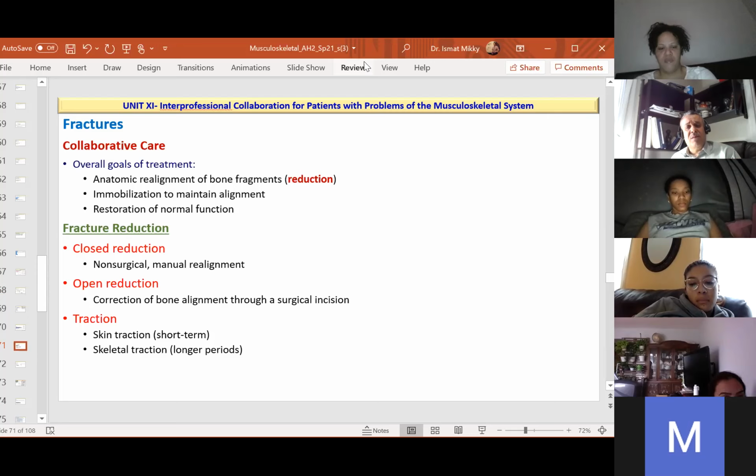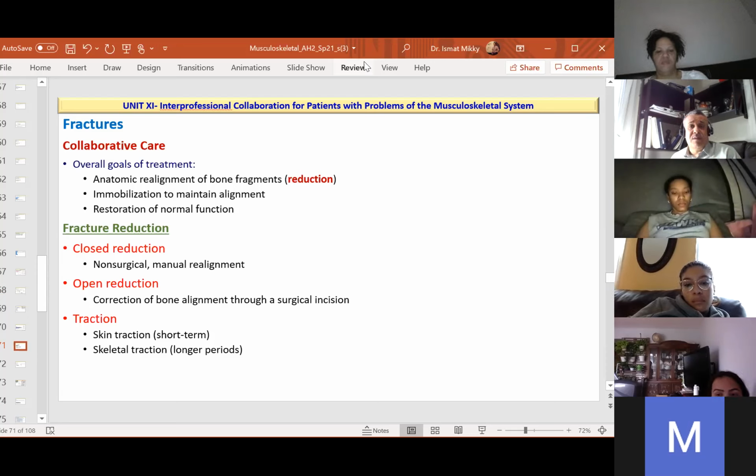The negative factors would be osteoporosis, if the patient is diagnosed with osteoporosis, and advanced age. The healing process with older adults will take way longer than in patients of a younger age.